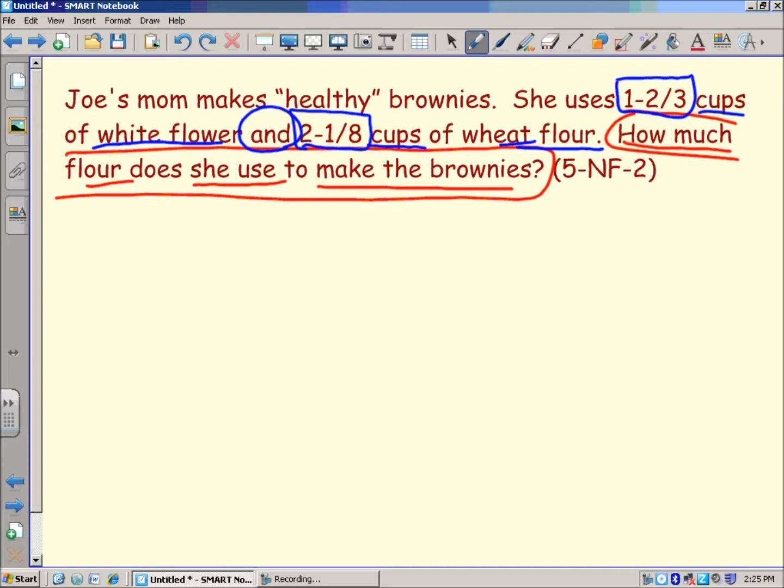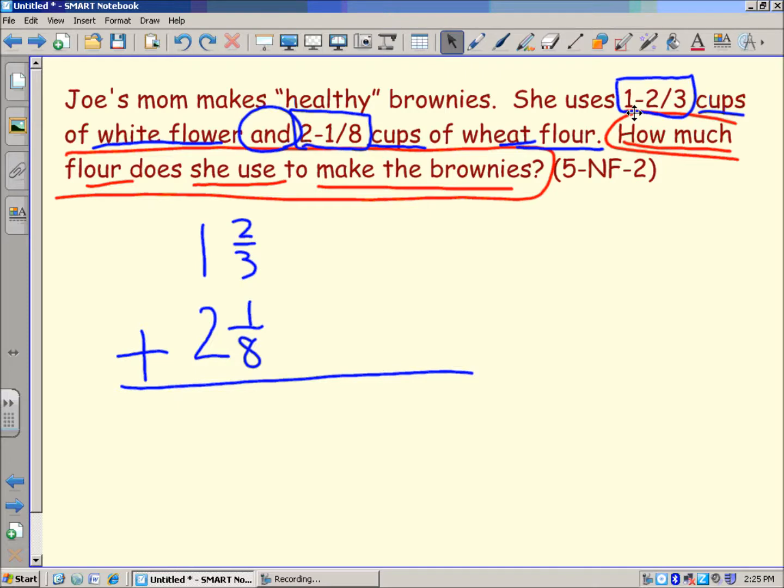Well, both are types of flour. So we can just take those mixed numbers and add them up. So we had 2 1/8, that was the wheat flour, 1 2/3 was the white flour. And you need to add them up. I'm going to take a look at the LCM method for this. So let's try it out.